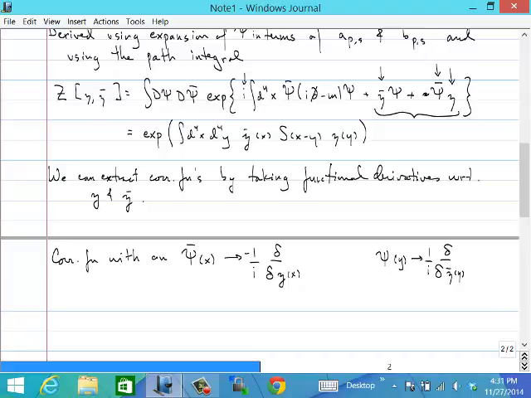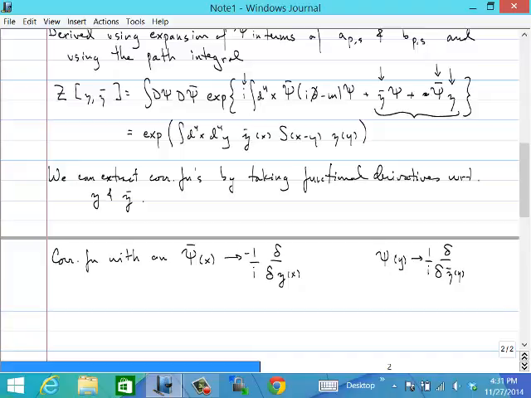Remember that this generating function is the sum of all diagrams, which we could write as the exponential of the sum only of connected diagrams.